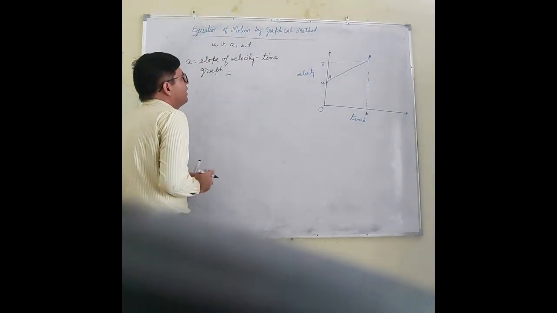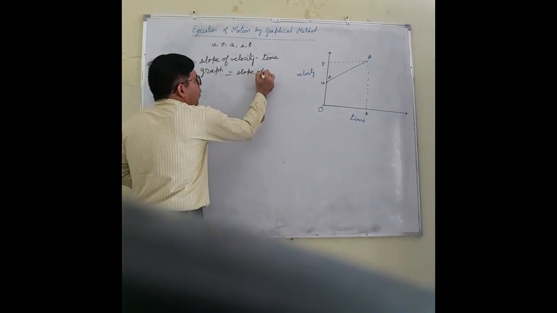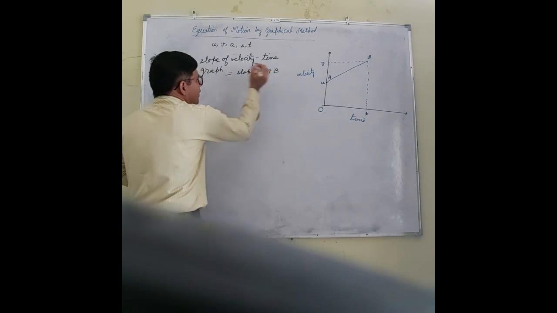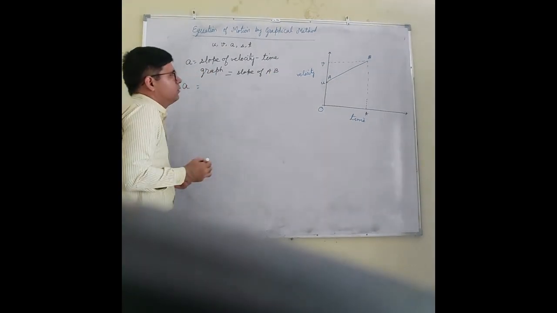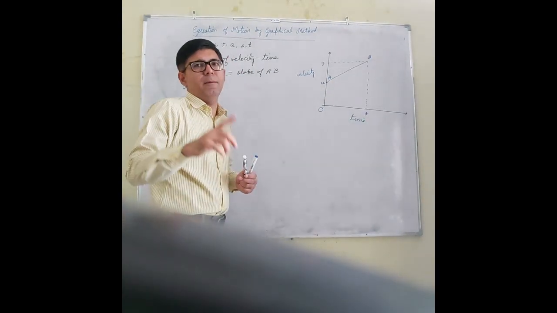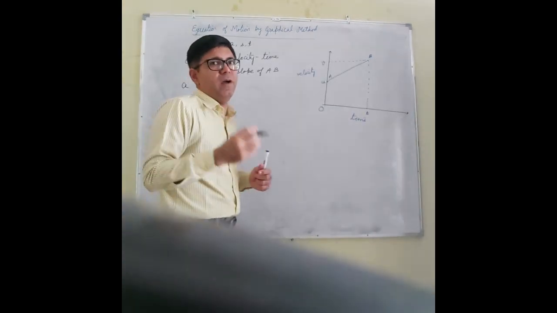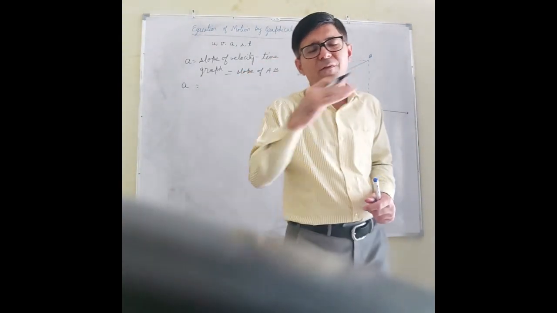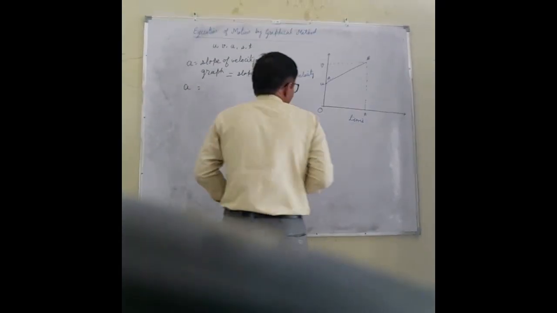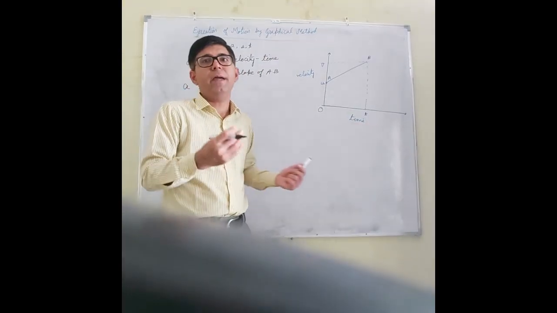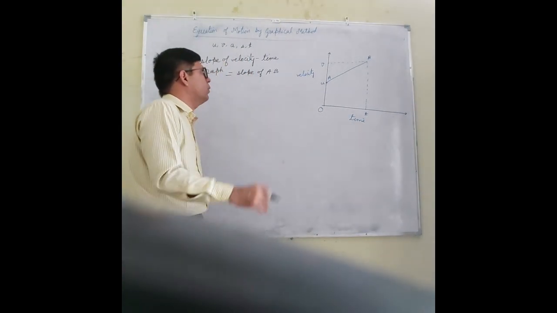The graph here gives the slope of AB. Slope can be calculated by taking the difference of values along the y-axis divided by the difference of values along the x-axis. The values along the y-axis are called y coordinates, and the values along the x-axis are called x coordinates.